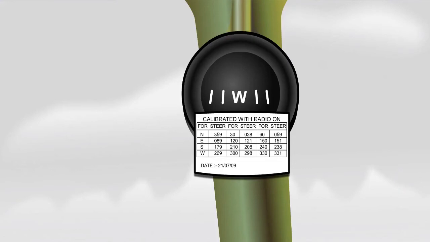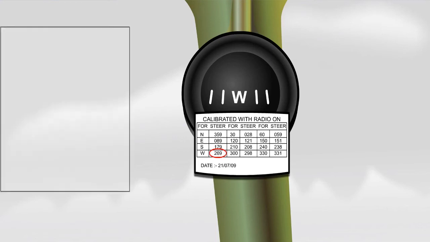The compass heading is the magnetic heading plus or minus the deviation on that particular heading. So the deviation card is telling us that to fly an accurate heading of 270 degrees magnetic or west, we should steer a compass heading of 269 degrees.